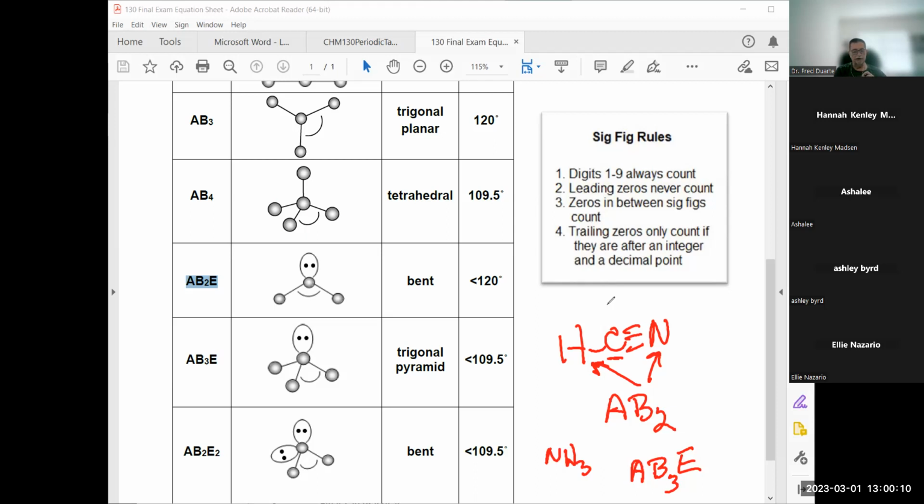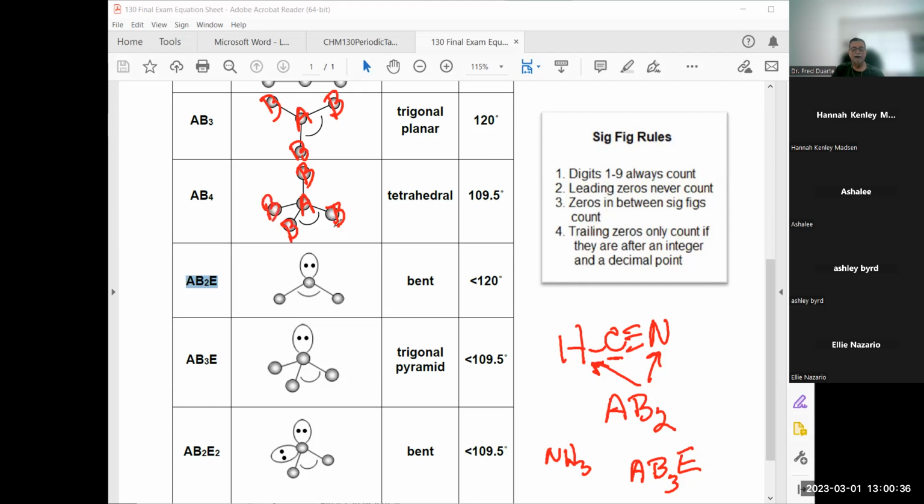And E is simply the number of lone pairs on the central atom. Okay. Does that make sense here? Notice in all these examples, we got A in the middle, and then we got B bonded to the central atom. A is always in the middle, and then B is bonded to the central atom.